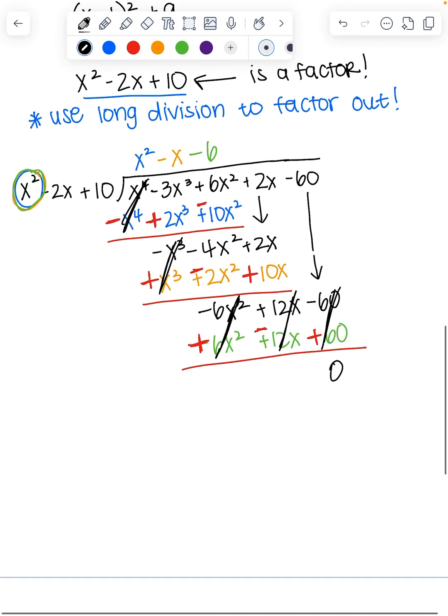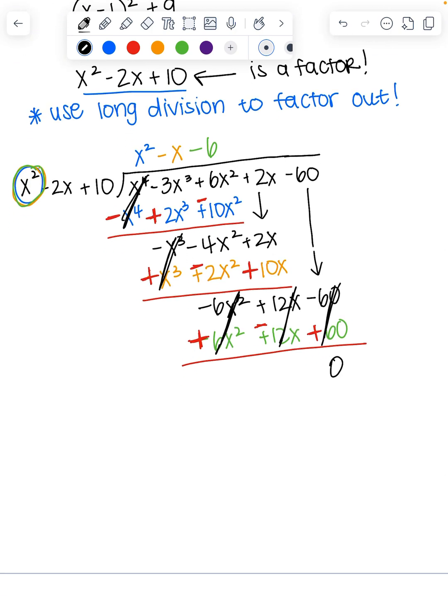Okay, at this point, my new function that I still have to find zeros for is going to be x squared minus x minus 6. When I factor, I have x minus 3, I have x plus 2. And so now I have zeros of 3 and 2.